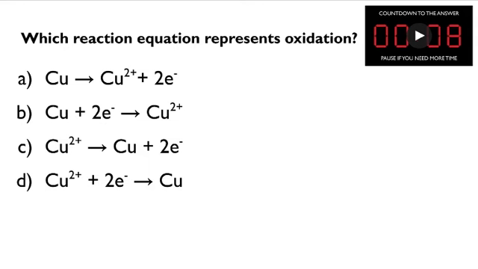So let's take a look option by option and think about what each of these answer choices is telling us in words. So then we'll decide whether or not we think one of them represents oxidation. In A, we're looking at neutral copper losing 2 electrons to become a positive 2+ ion.